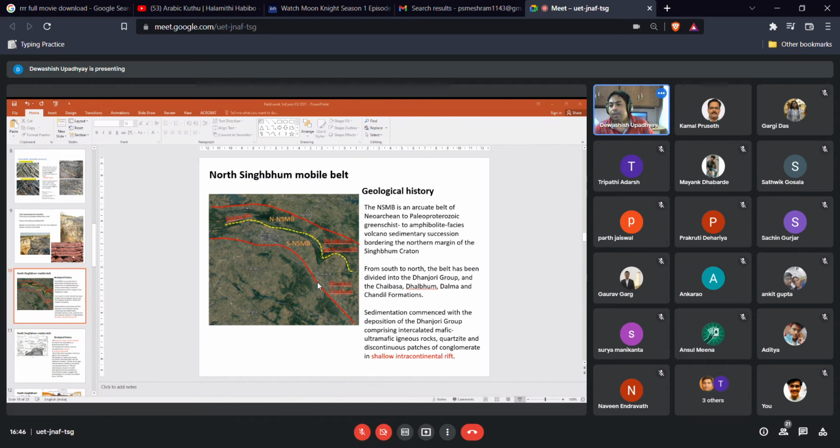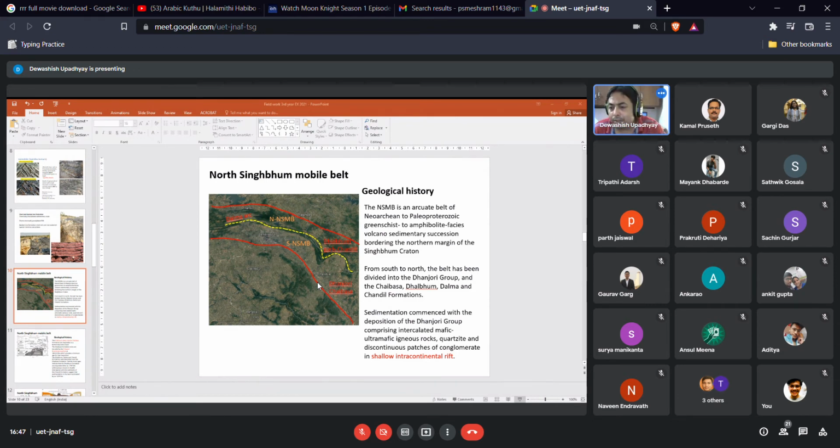Now if you look at the geological history of the North Singhbhum Mobile Belt, the sedimentation is thought to have begun already in the Neo-Archean, from about 2.7 Ga, and it started with the deposition of the Dhanjori group close to the margin of the Singhbhum Craton. This Dhanjori group mostly comprises mafic and ultramafic igneous rocks, quartzites, and thin patches of conglomerate, etc. They are thought to have been deposited in a very shallow intracontinental rift setting.